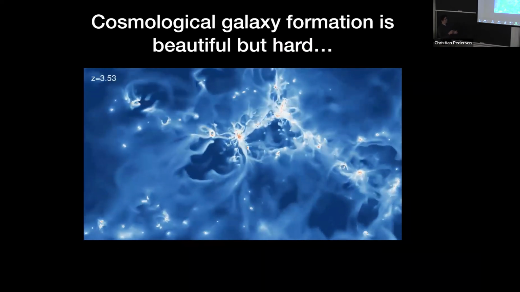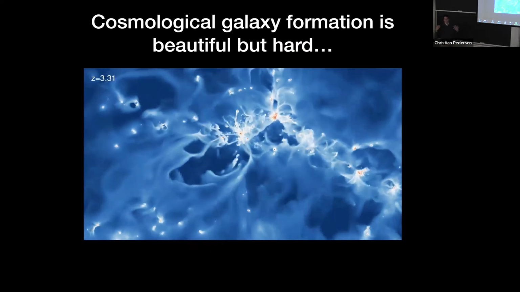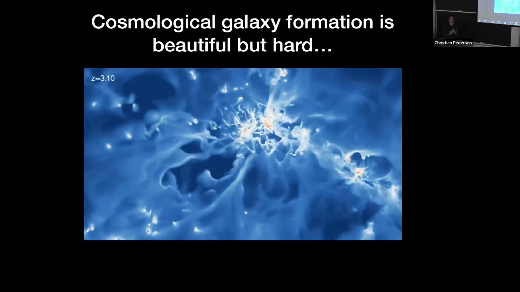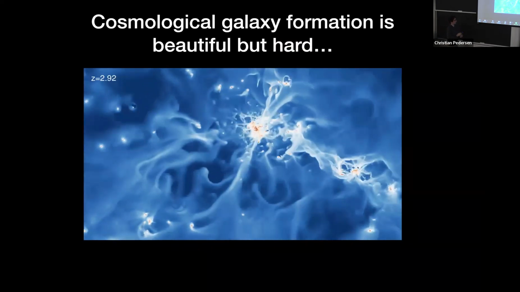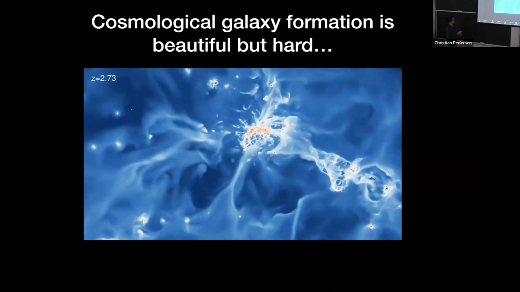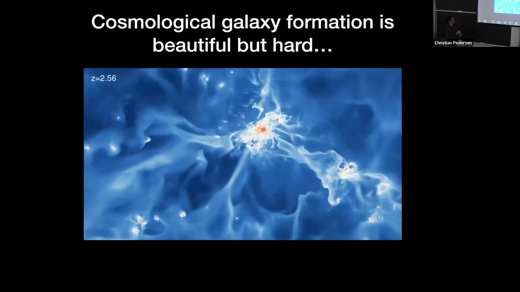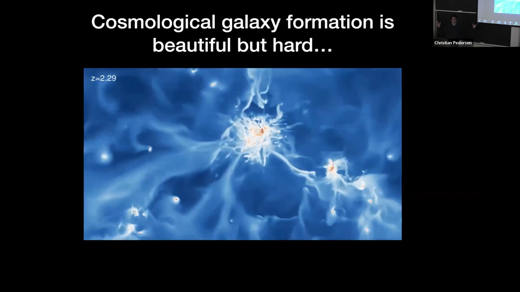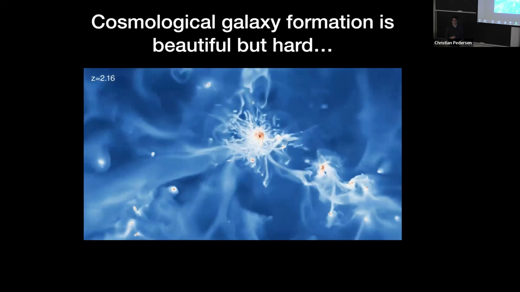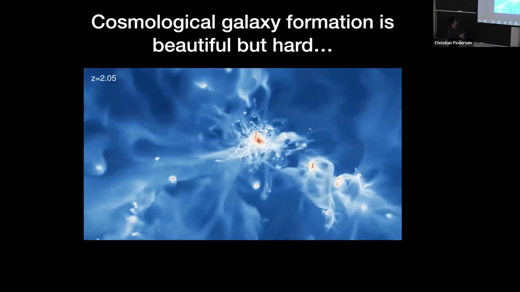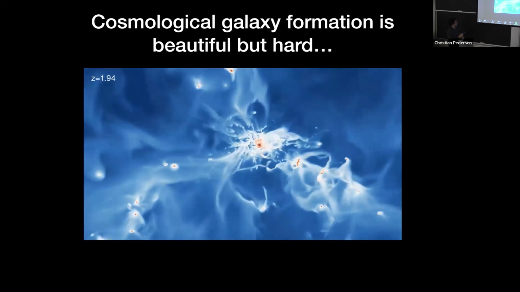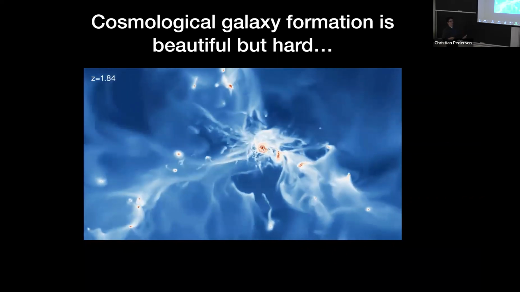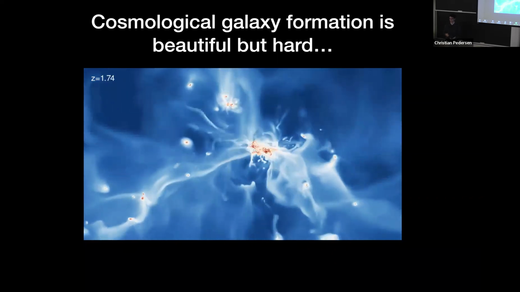Here we're following the gas density as the galaxy assembles over the entirety of cosmic time. And you can see this filamentary structure coming from the cosmic web that is feeding the galaxy its gas. You can see these merger events that eventually throw galaxies together and trigger different responses. And if you look carefully, you'll see these expulsions of gas coming from the center of the galaxy.